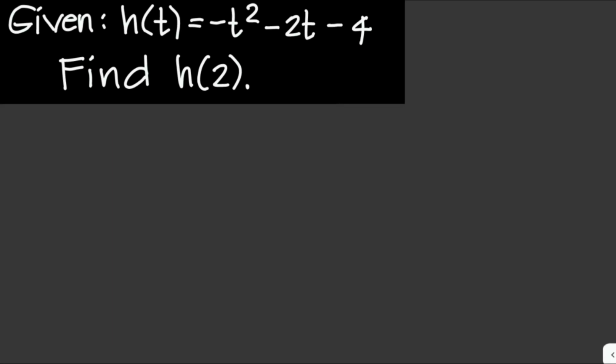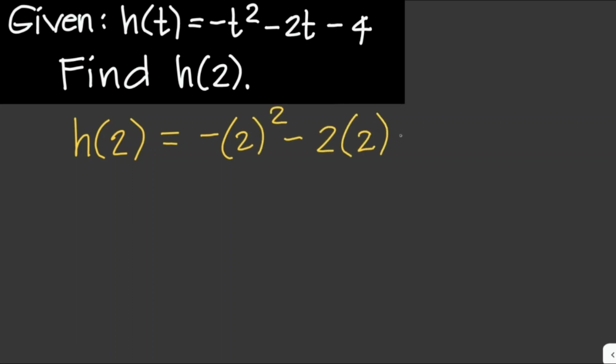Okay, we're given here the function h of t equals negative t squared minus 2t minus 4. Then we just have to find h of 2. So we're given the value of t, which is equal to 2. So we just have to plug in that value to the function. So h of 2 is just equal to negative of 2 squared minus 2 times 2 minus 4.